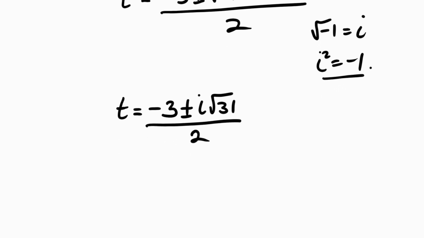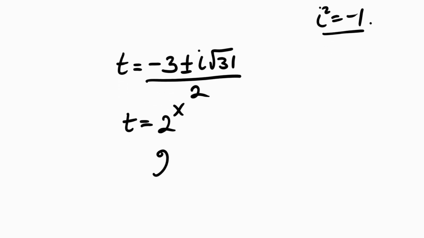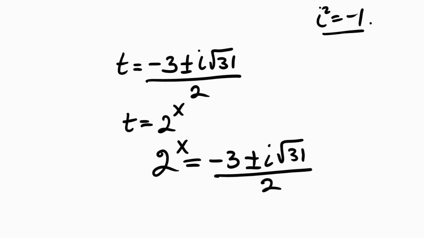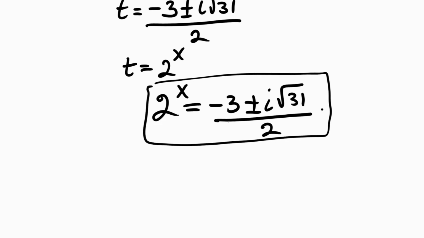Right, so this is the final answer, but we know that our t, if we recall, is equal to 2 raised to the power x. So now what we have is 2 raised to the power x equals minus 3 plus or minus i root 31, divided by 2. Right, so at this juncture, we can see that there is no solution here for x.